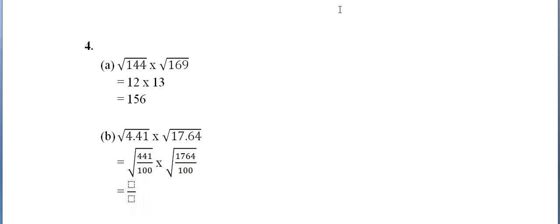So you have to find such a number which can be the square root of 441. So you can use either the long division method or the prime factorization method, okay? And then write the square root of 441. It will be 10, because 10 is the square root of 100. So I'm writing 10 out here, okay?